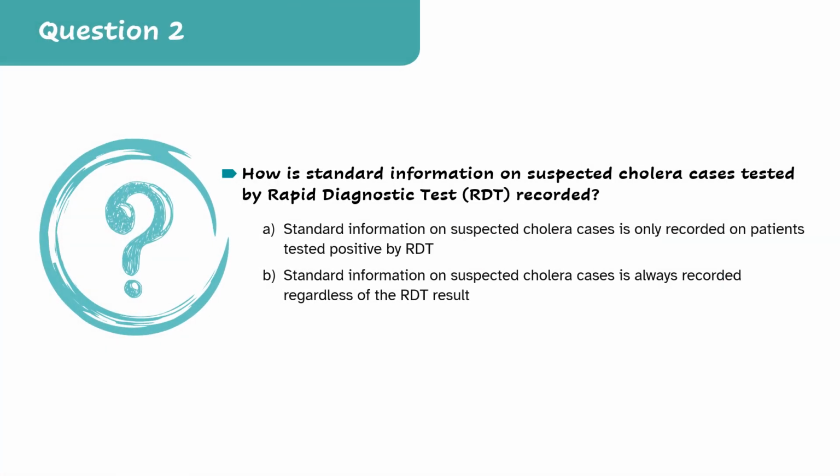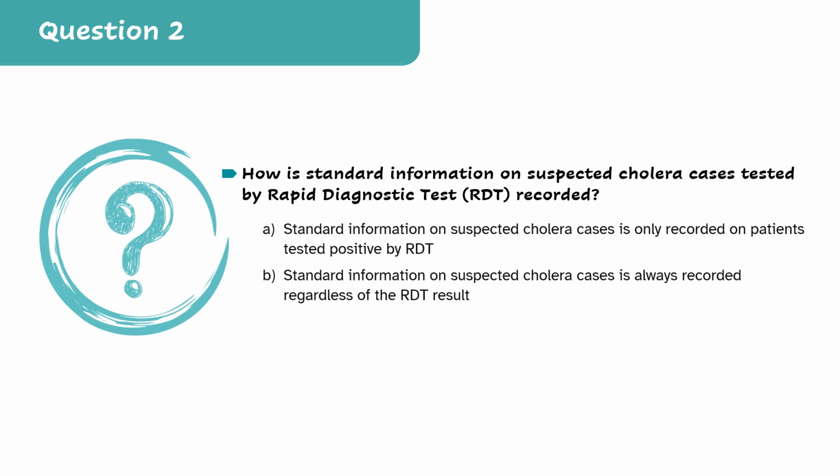Question 2. How is standard information on suspected cholera cases tested by Rapid Diagnostic Test, RDT, recorded? A. Standard information on suspected cholera cases is only recorded on patients tested positive by RDT.